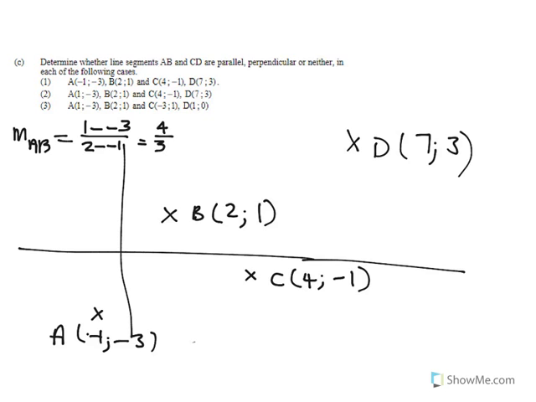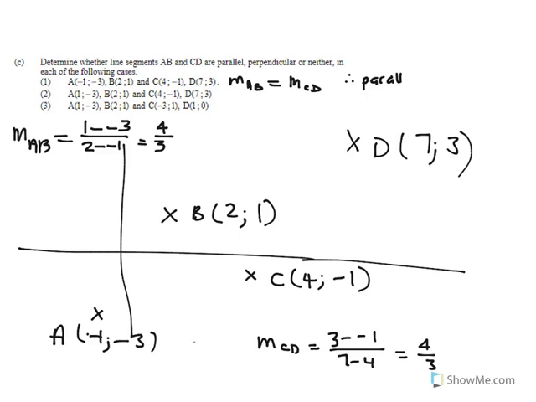And then the gradient of CD is going to be (3 minus -1) over (7 minus 4), and that's 4 over 3. So because m_AB, the gradient of AB, is equal to m_CD, the gradient of CD, therefore they are parallel.